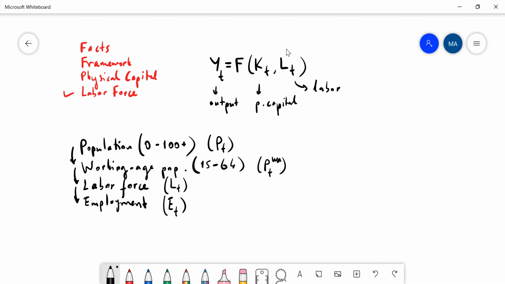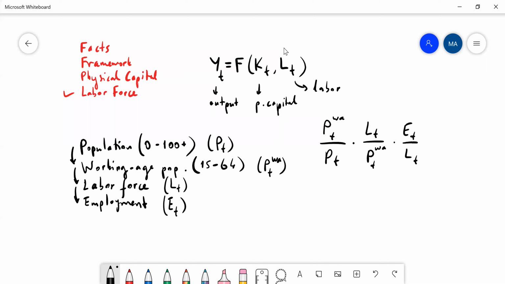First you can define the ratio of working age population in the population. Then you can define labor force within the working age population. Then you may define employment as a fraction of labor force, right?